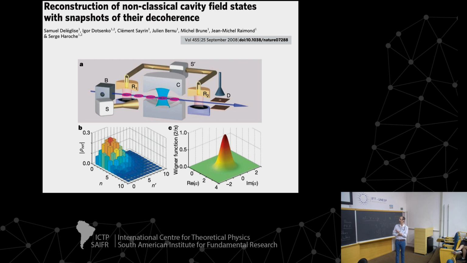It can also make measurements with those atoms, depending on the tuning, and use those atoms as the probe to measure the state of the cavity. So combining both the driving field here, the horn, and the atoms, it can manipulate or measure the state inside this cavity.